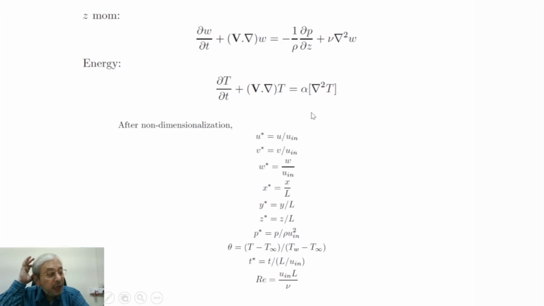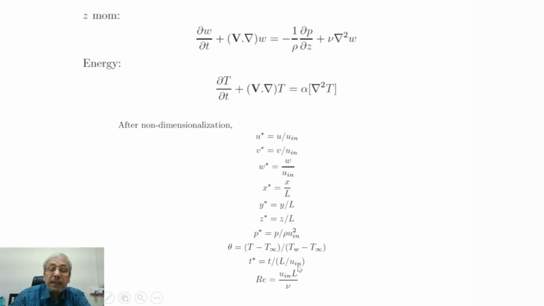Now if we non-dimensionalize the velocity quantities by a reference velocity, length quantities by a reference length, pressure by rho into velocity square, and theta is T minus T infinity divided by TW minus T infinity, and the non-dimensional time t star is expressed as t, the time, divided by the convective time, and the convective time is L by the velocity at the inlet.